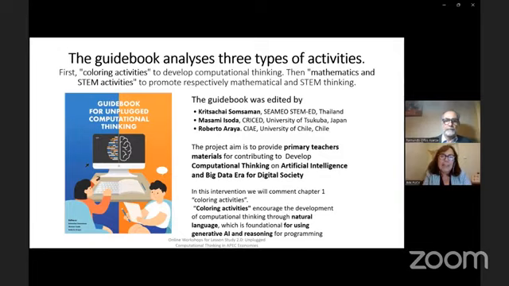The project aim is to provide primary teachers materials for contributing to develop computational thinking in the artificial intelligence and big data era for digital society. In this interpretation, we will comment on Chapter 1. Coloring activities encourage the development of computational thinking through natural language, which is foundational for using generative AI and reasoning for programming.